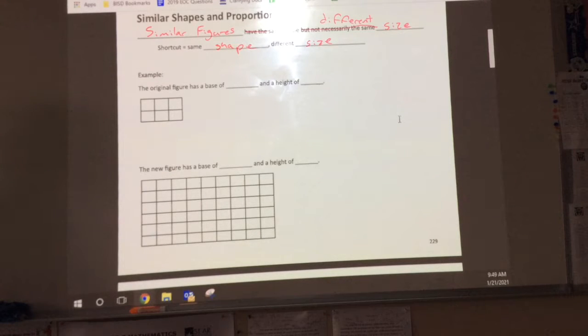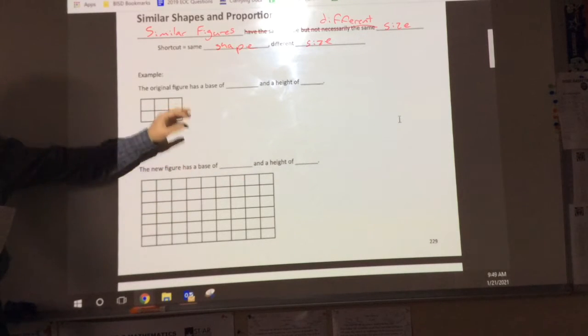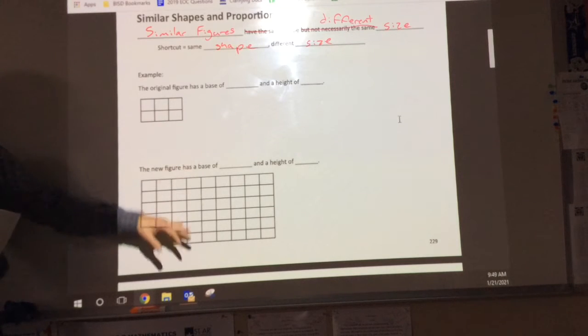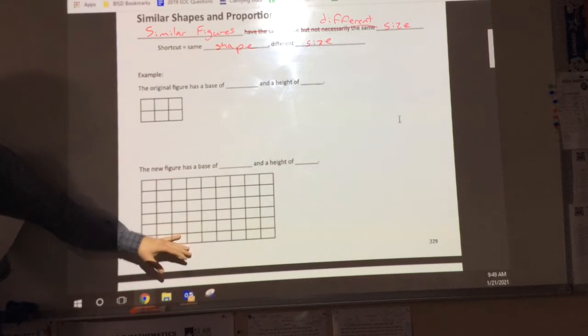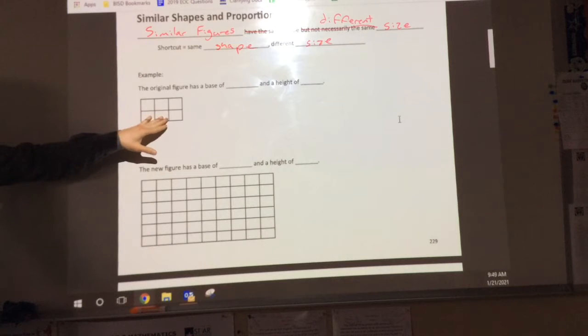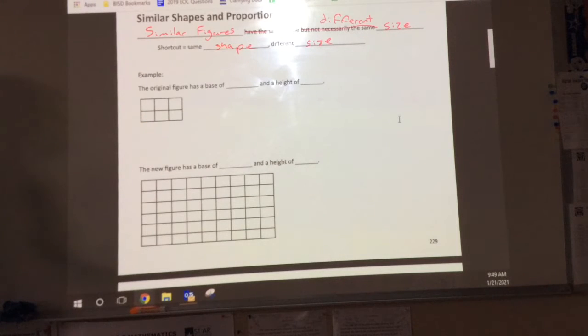Same shape, different size. So this figure right here and this figure are the same shapes, but they're different sizes. Can we all acknowledge that? What is the base of this figure right here? Caden, what do you think? 3.